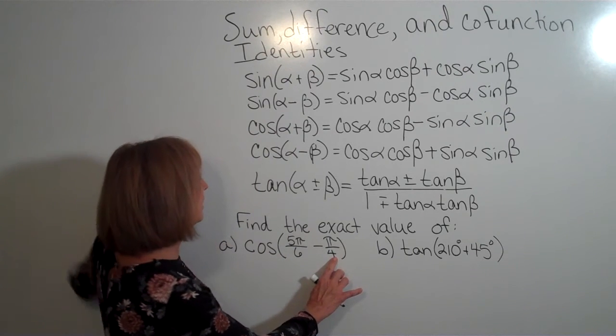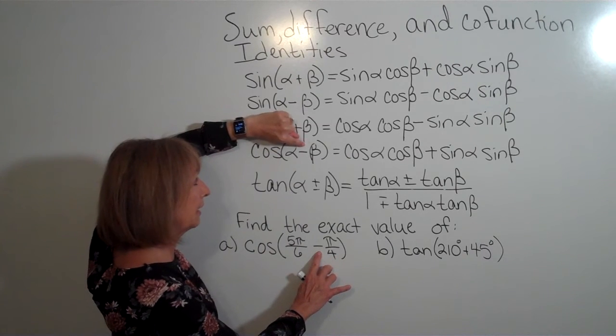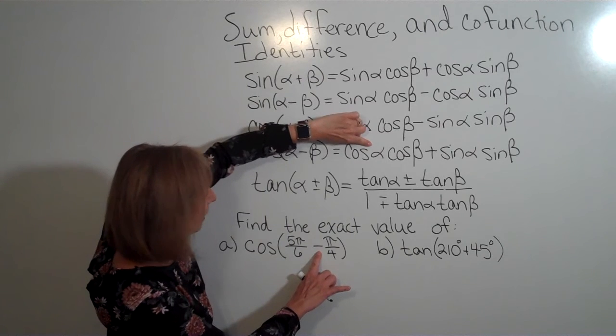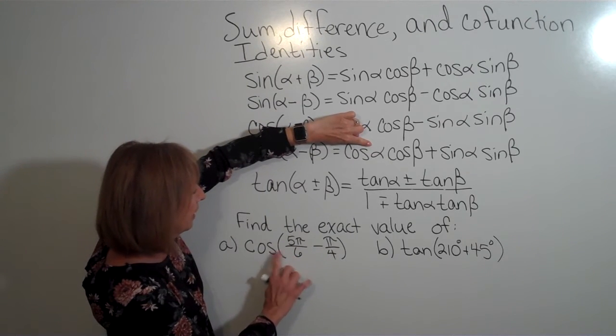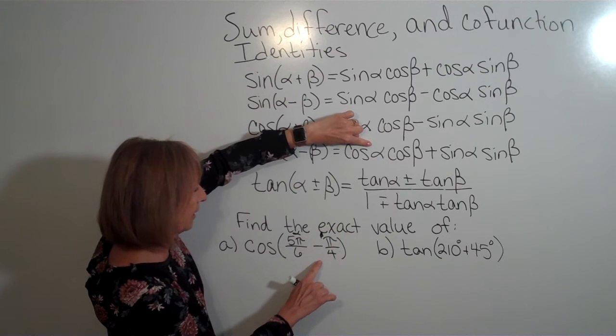So then I look and see cosine and difference between. This is the expansion that I need to use. So think of cosine, and then alpha is your first angle, beta is your second angle.